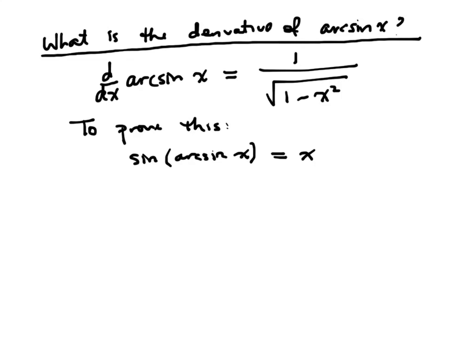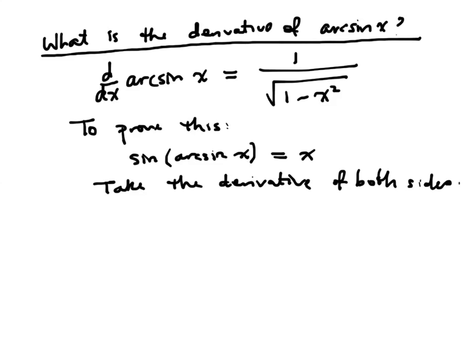And then we say, okay, we're going to take the derivative of both sides. On the left-hand side, the derivative of sine of arcsine of x should be equal to the derivative of x, so on the right-hand side, we just get 1.